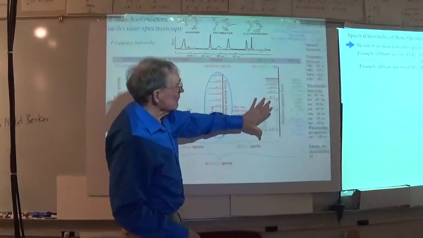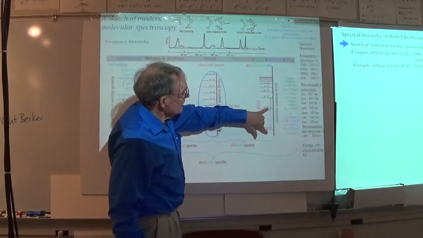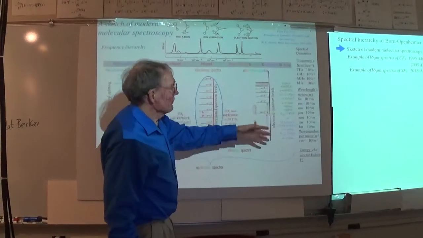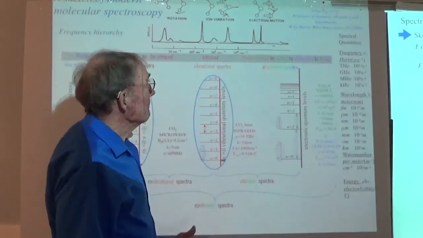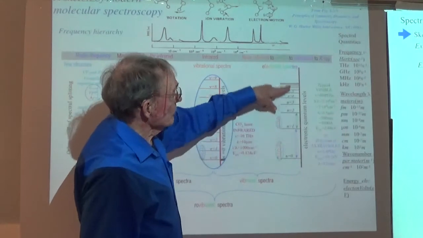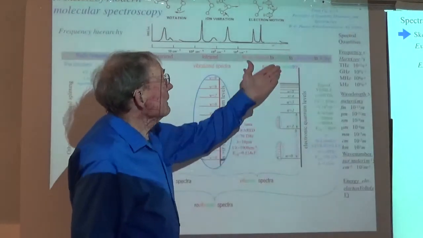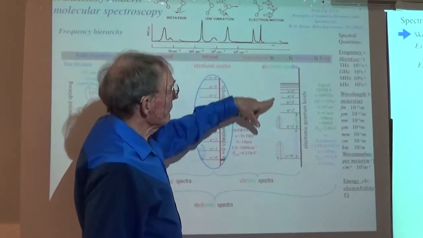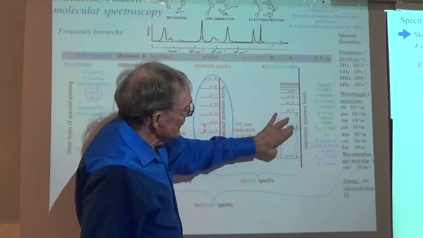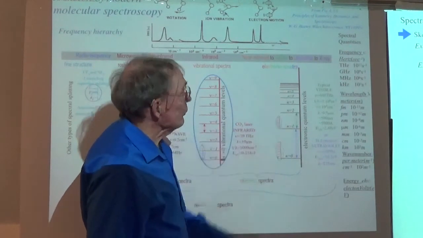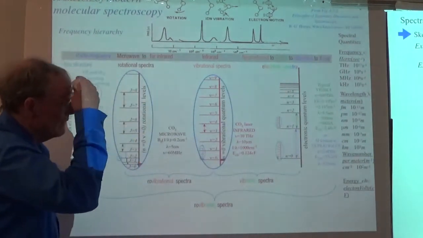But the basic idea is that you start off here with the high frequency spectra. That is, spectra is the difference between the energy levels, say of hydrogen. If you had a hydrogen atom, the only thing that would be of interest would be these Rydberg electronic levels, and the electronic motion of that that's gotten by combining more than one level, and it always takes two to tango in the quantum world.